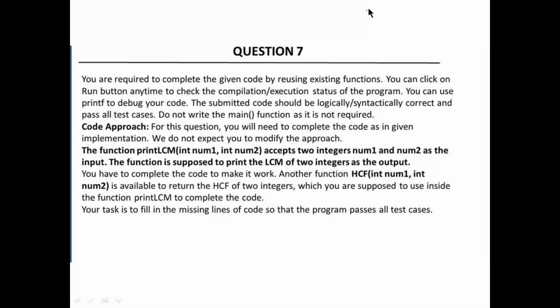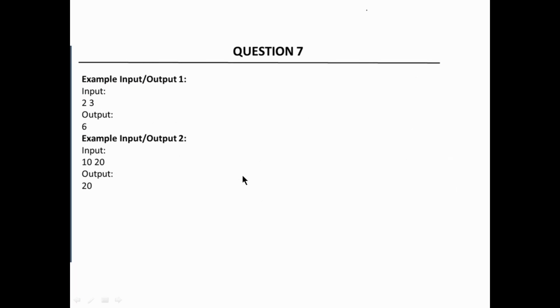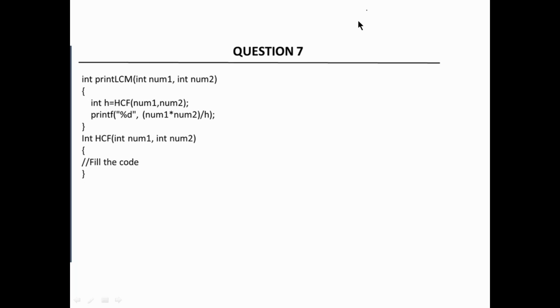So first of all, observe the code, everyone. For 2 and 3, LCM is 6. For 10 and 20, LCM is 20. Observe how we are printing LCM. First of all we calculate HCF, so that value will be stored in the H variable.